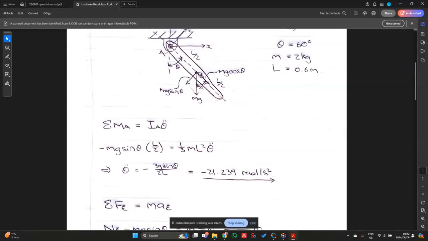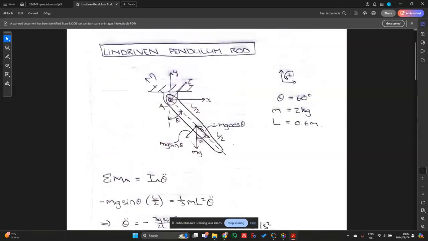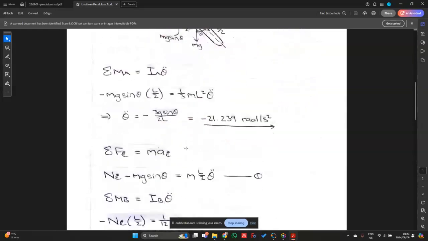Okay, so now I have this theta double dot. Now I can also calculate this force over here. So sigma F around the xi direction, and this is the xi direction that I denoted over here. If I look at the forces over there, I expect to have some reaction force that I can assume is going to sit in line with this xi direction, minus mg sine theta.